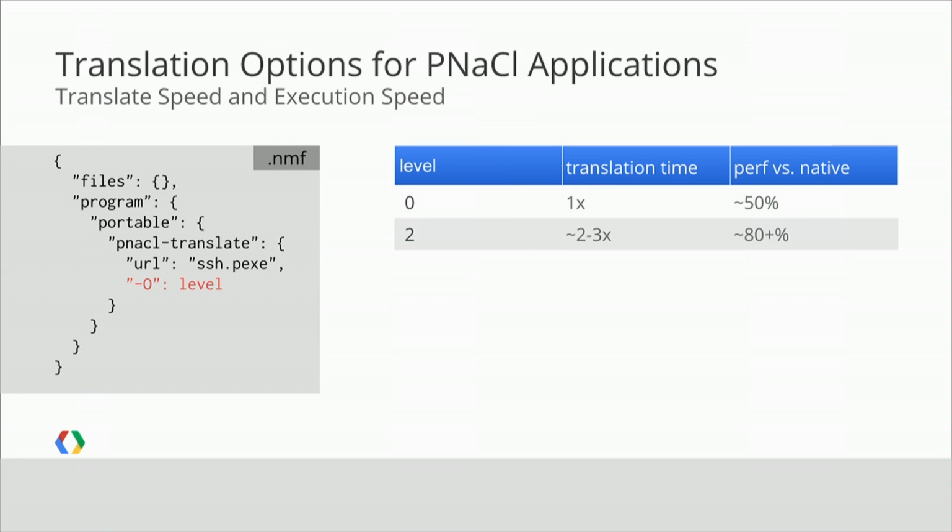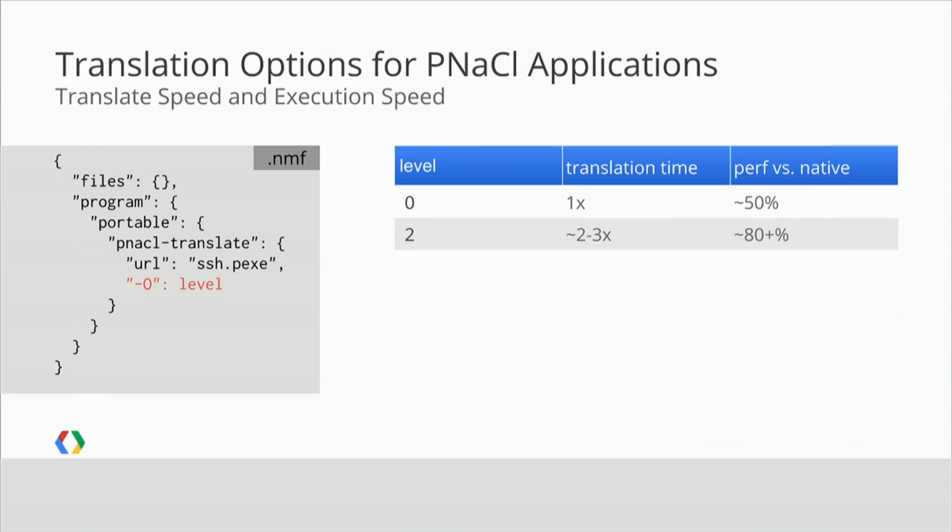Lastly, I told you I had that one extra entry in the manifest file, and that was to control what we called optimization level. I told you before that PEXE to NaCl translation is actually the back end of a compiler. So there is some amount of optimization that still happens in that part of the compiler. Such things as register allocation and high performance scheduling can take some extra time and produce some extra performance.